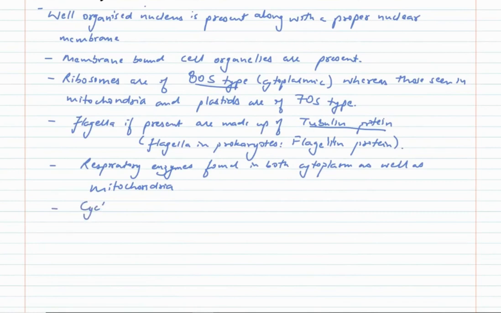Cyclosis, also known as cytoplasmic streaming, which means the movement of cytoplasm from one point to another inside the cell, is present. This is absent in prokaryotes.